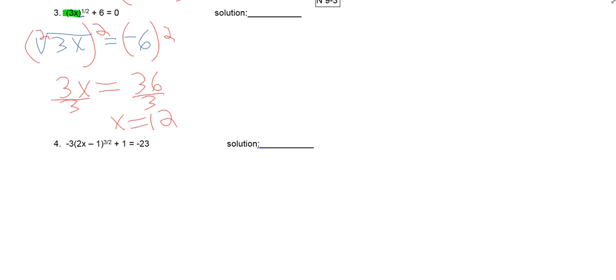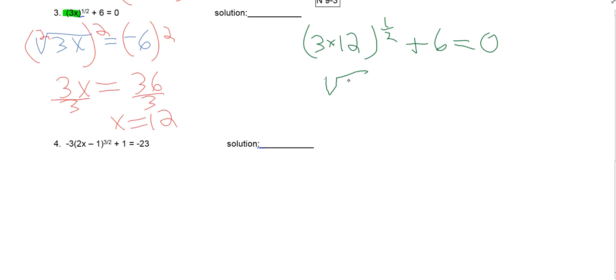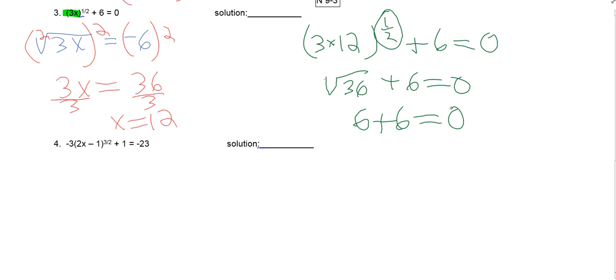So let's check this answer and see if it's true or not. So we have 3 times 12, and we're going to take the square root of that, add 6 to it, and see if that's equal to 0. So 3x times 12 is 36, and so we have the square root of 36, because remember that's the 1/2 power, plus 6 equals 0, and 6 plus 6 certainly does not equal 0.